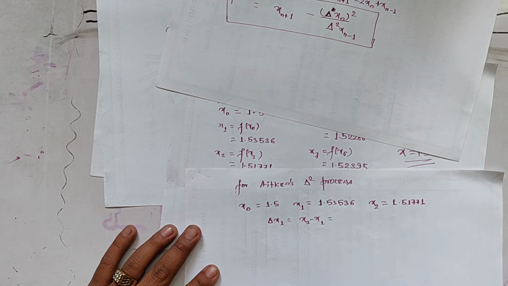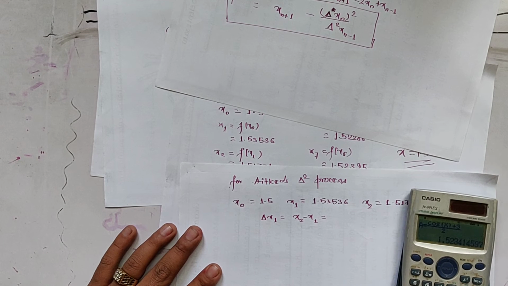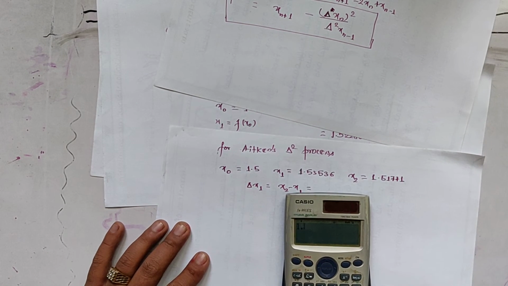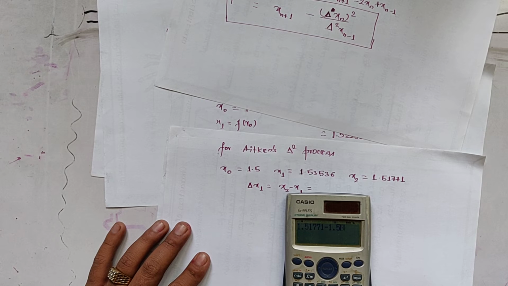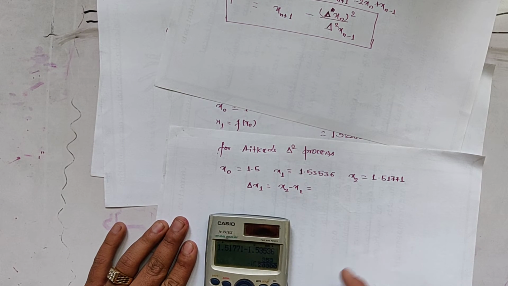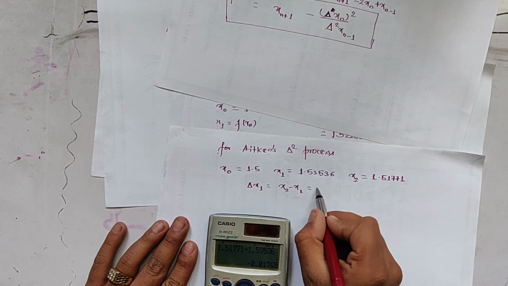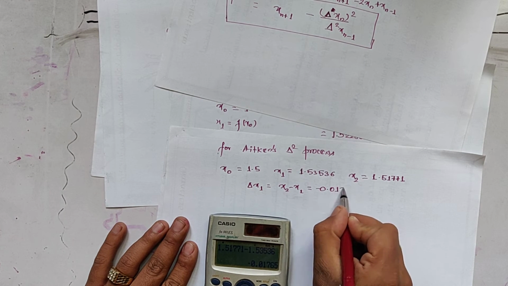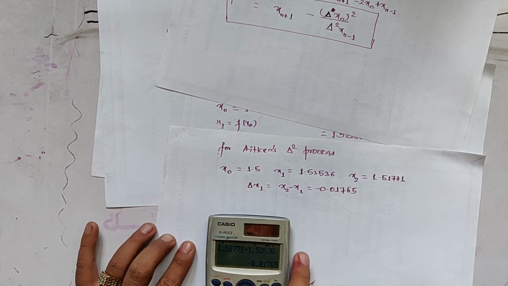What is the value of x2 minus x1? 1.51771 minus 1.53536 equals minus 0.01765.